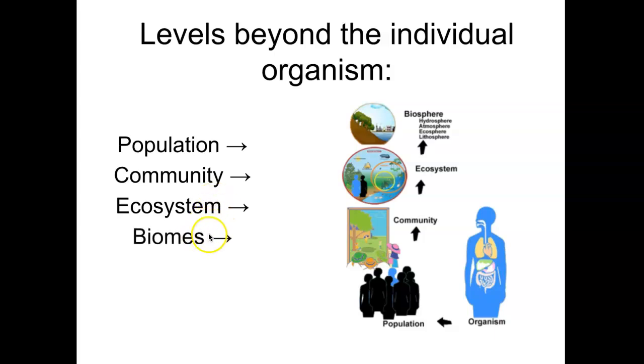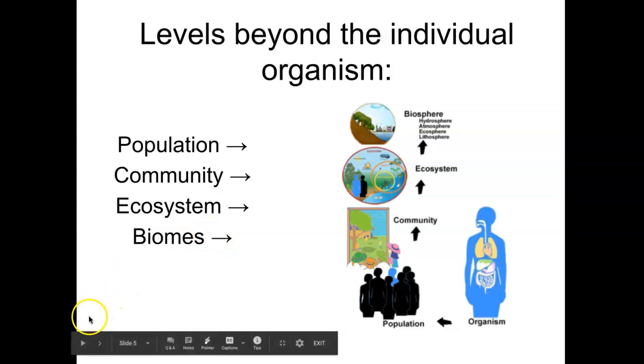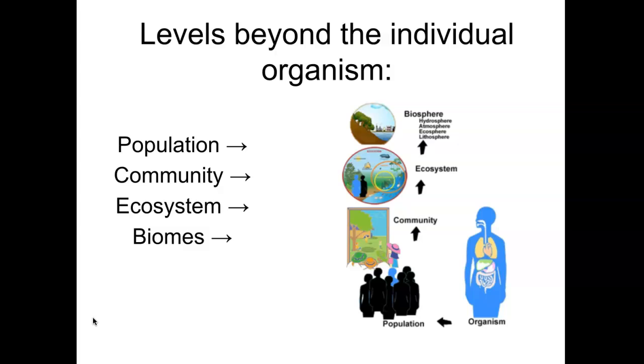And then we have biomes. Biomes are a very specific geographic area where certain ecosystems are found. And it can be many ecosystems. So a good example would be an aquatic biome, which might have ecosystems of coral reefs and kelp forests, right?